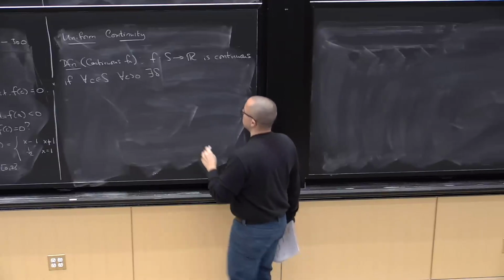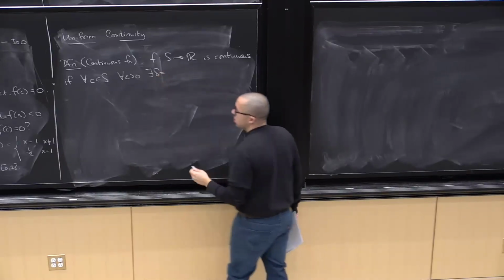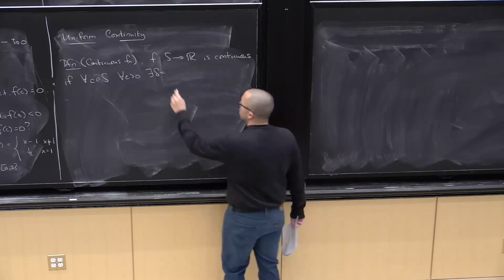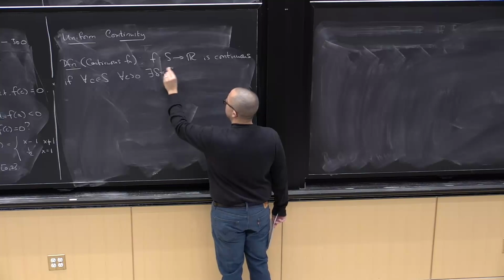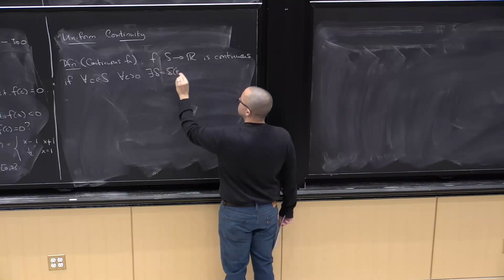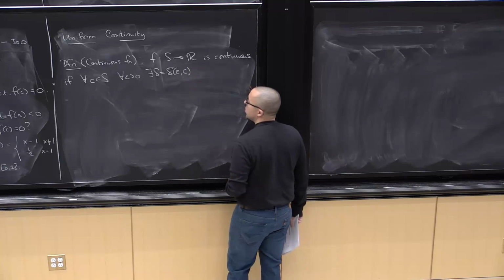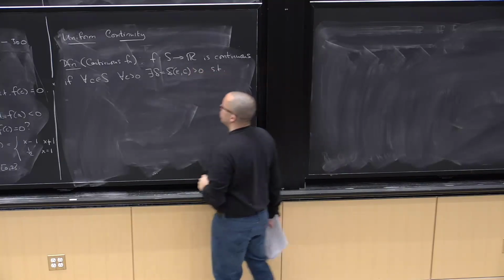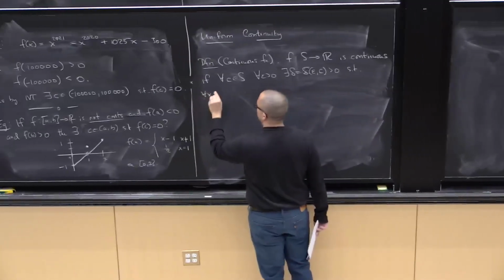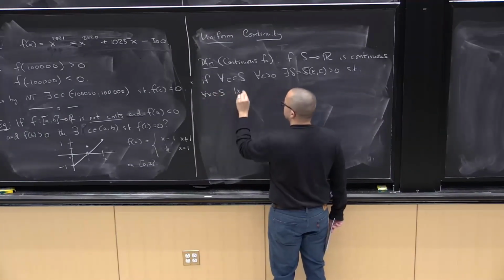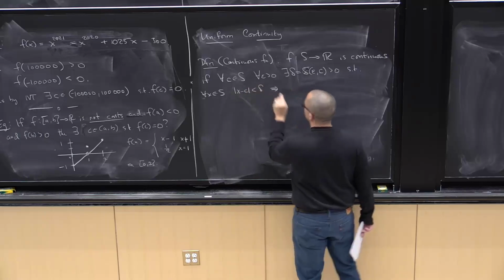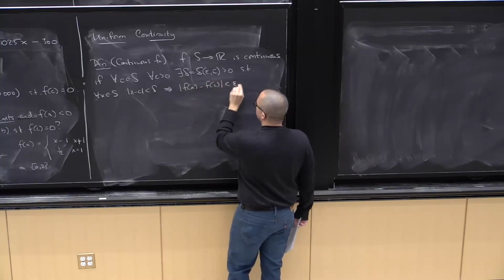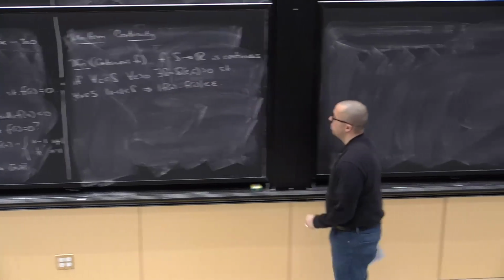Now, this delta, and we saw this in examples that we did proving continuity, usually depends on epsilon and c, the point where I'm looking at, such that for all x in S, |x minus c| less than delta implies that |f of x minus f of c| is less than epsilon. Okay?